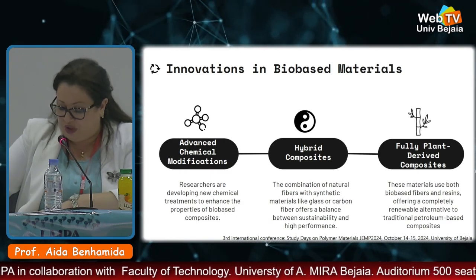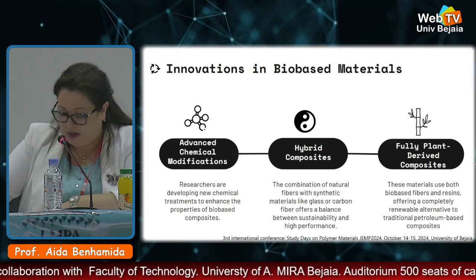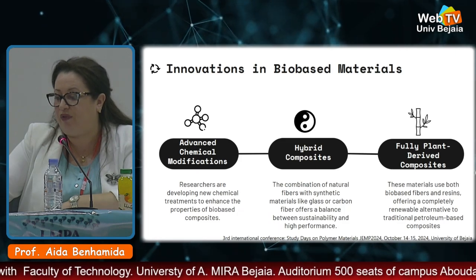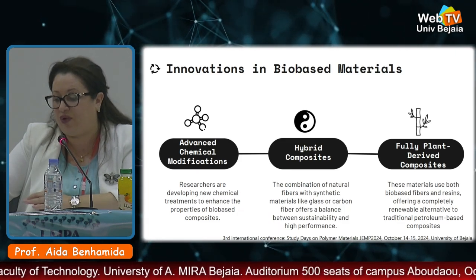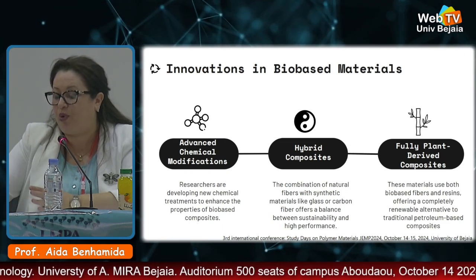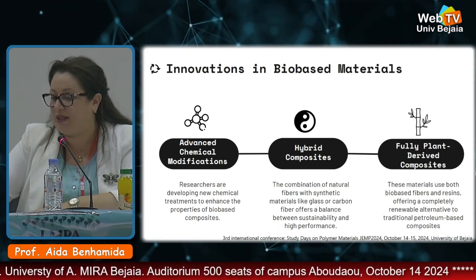Now, we pass to mention the most important innovations in bio-based polymers. The first one is advanced chemical modification. Researchers are actually developing new chemical treatments to enhance the properties of bio-based composites.